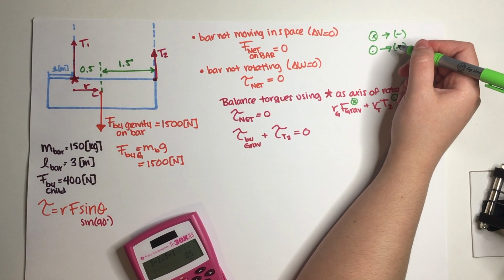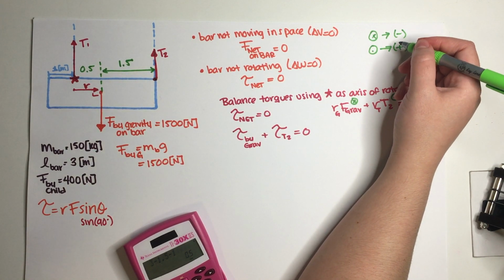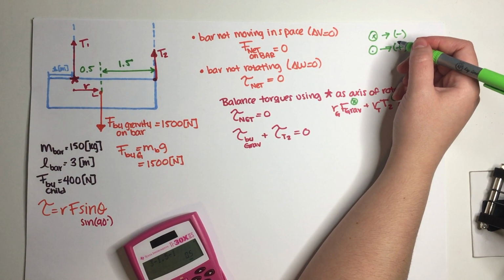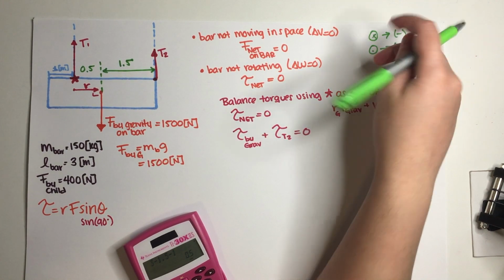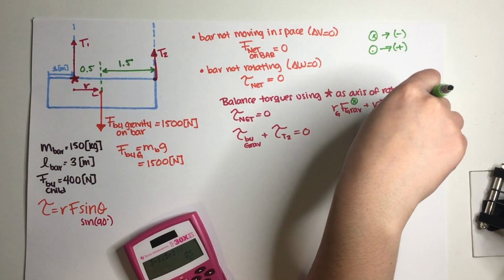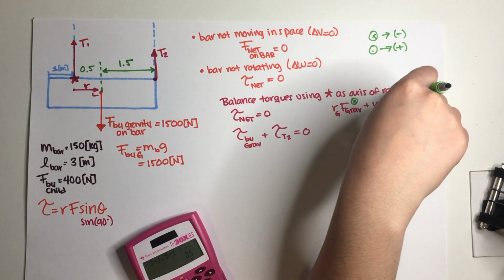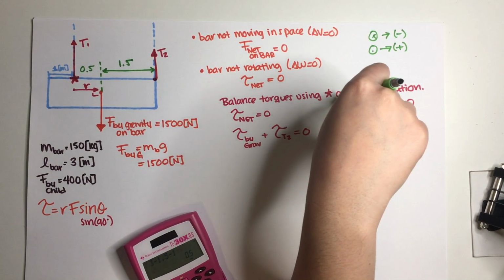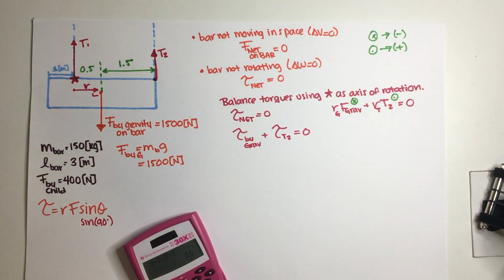In the context of physics 7B at UC Davis, it really doesn't matter which one is positive and which one is negative, but I do recommend that whether you pick the convention or for whatever reason you decide that you want to do it the other way around, you do need to symbolize the fact that these 2 are going in different directions somehow. So you do need to make one of these negative, otherwise 2 positives are never going to add up to 0 anyways.